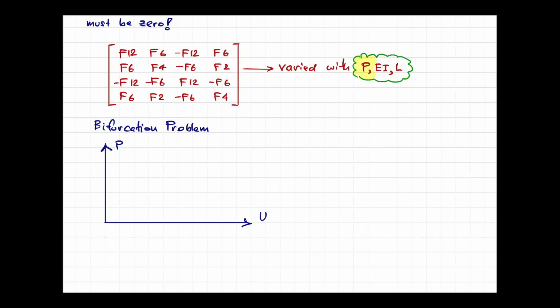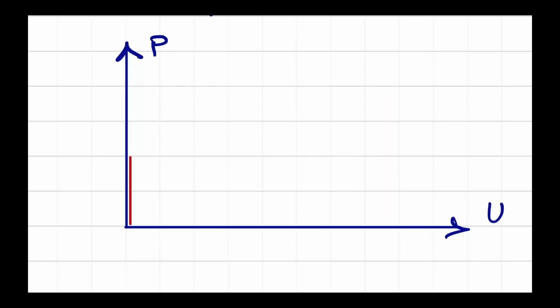They don't relate. No matter how much you apply the axial load, if you solve your structure using the equilibrium, you will not have the lateral displacement. So it goes like this. It goes just vertically. You have zero displacement as you apply the axial load.